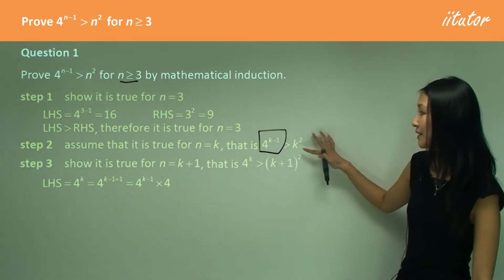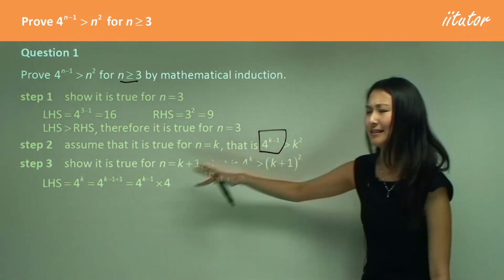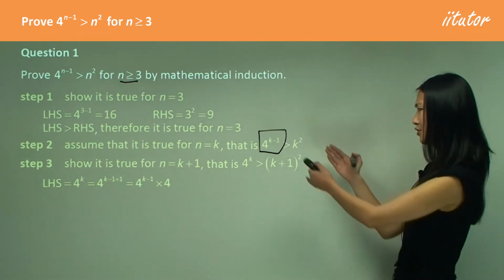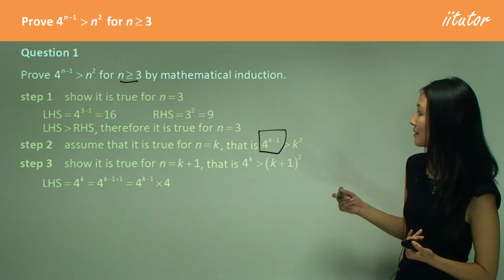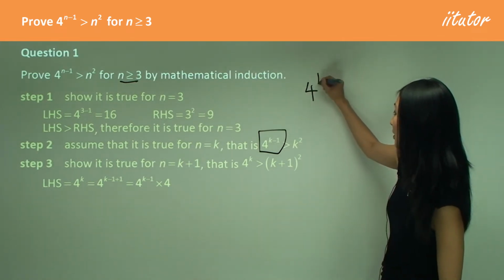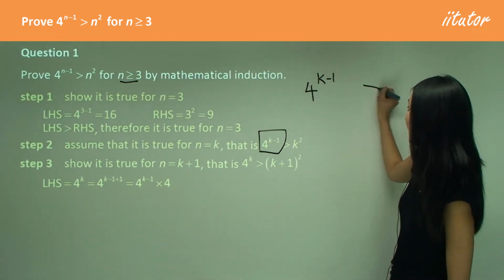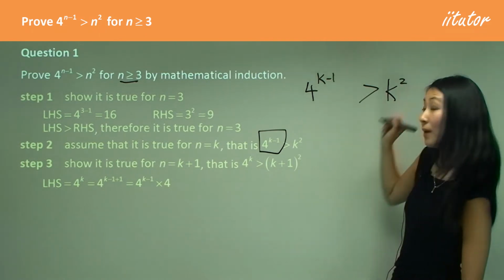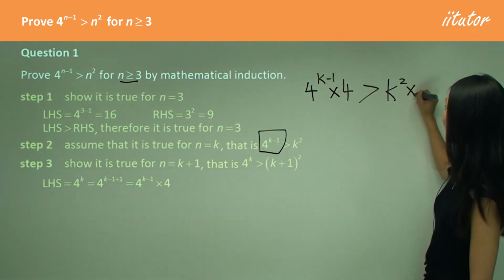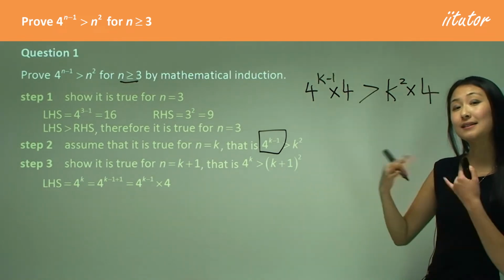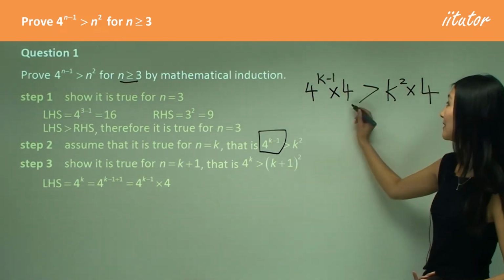And so how do we incorporate an inequality into there? Because we can't quite substitute one side into that side. But what we can consider is if I have the assumption that 4 to the power of k minus 1 is greater than k squared, then if I multiply this side by 4, we have to do the same to the other side, and we can still make the assumption this is greater than that.